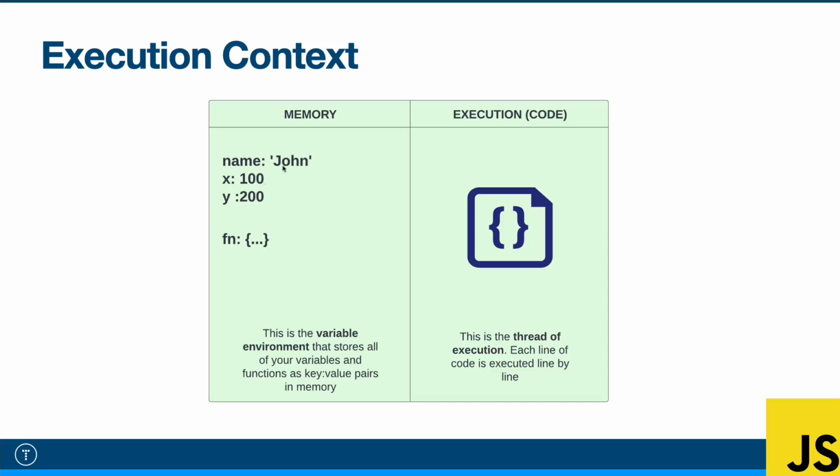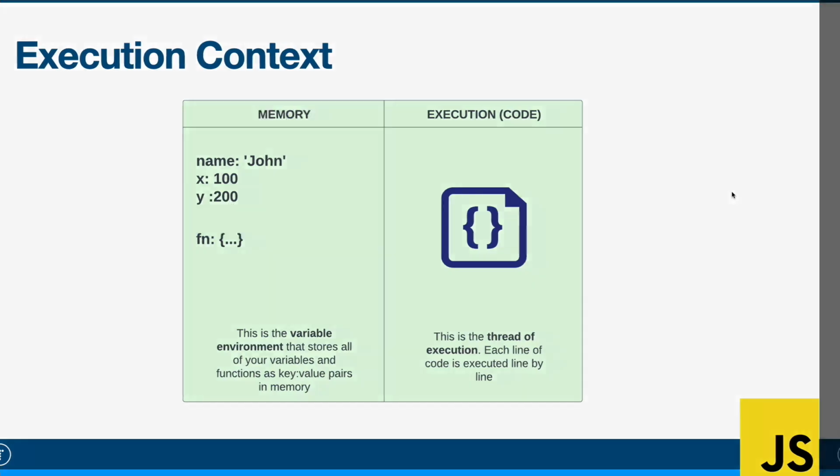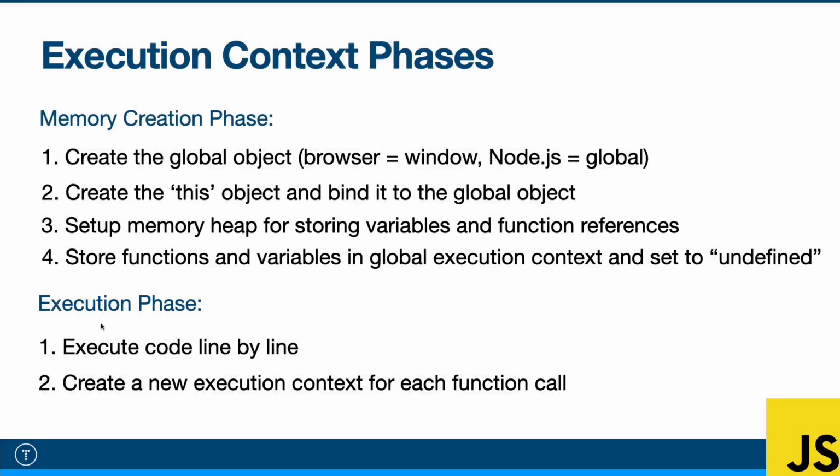So if we look here, these values are all going to get set to undefined in the memory creation phase. They don't get filled with values until the code is actually executed, which is the second phase, the execution phase, where it goes through line by line, and if it hits a function invocation, then it will create a new execution context for that function.